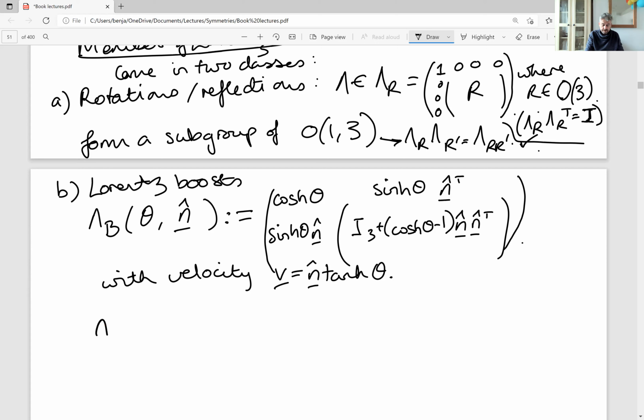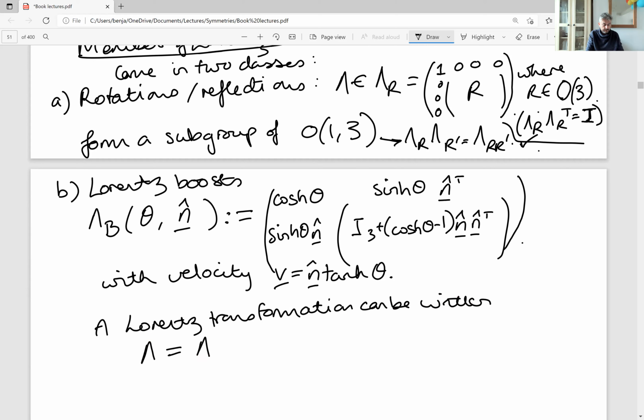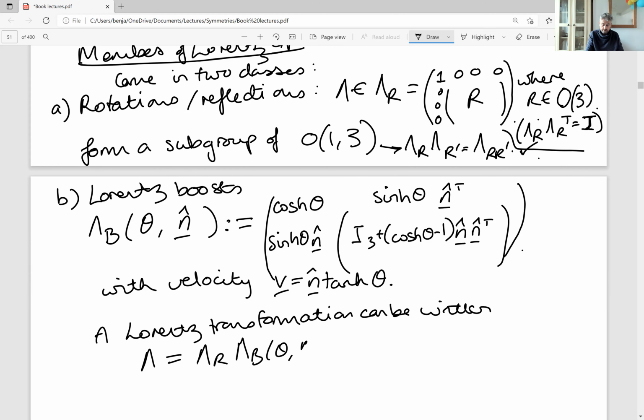A Lorentz transformation in general can be written as lambda equal to lambda r lambda b for some R, theta and n. Okay, good.